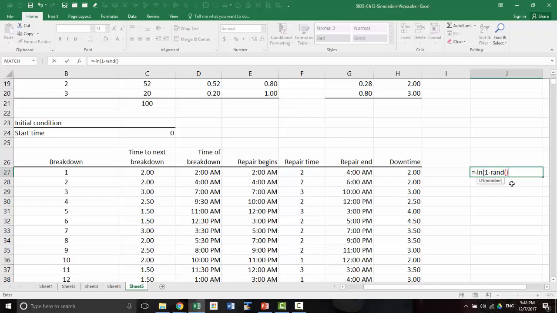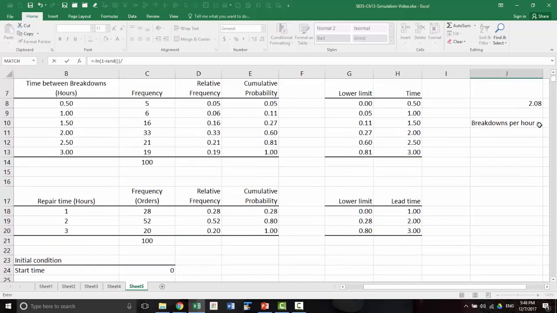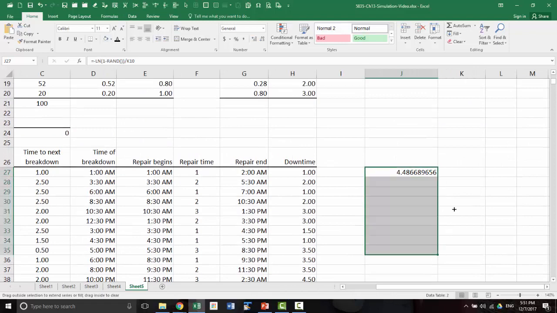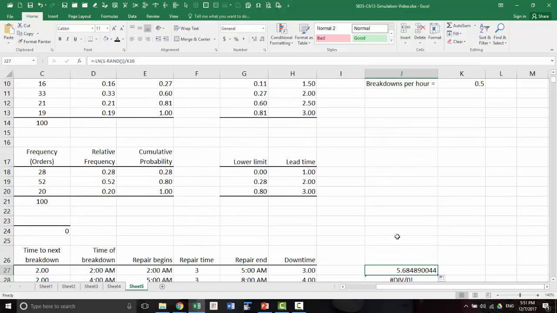Okay, so you start with the minus. Okay, so divided by mu, which is that cell. Okay, and then you copy that down, well, I didn't. The K10 must be absolute referenced.